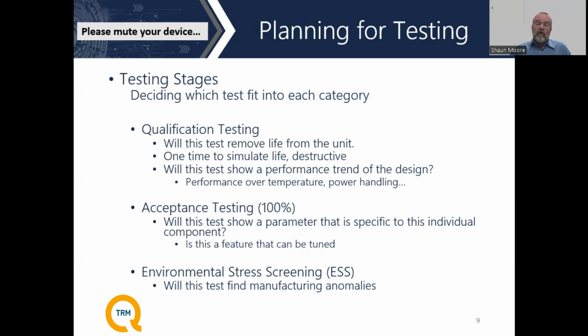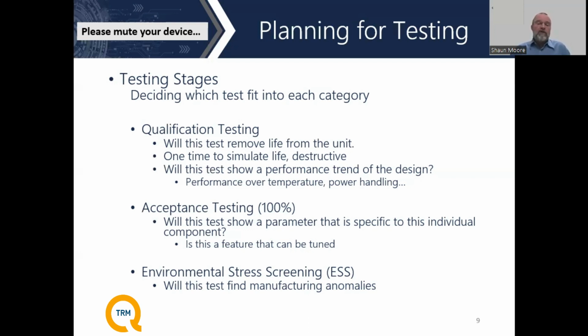What we're looking for here is that we're taking a couple percent of its life out of the part by running it through some thermal cycles and some light vibration, in order to find those manufacturing anomalies that could lead to infant mortality in the life of the part, to make sure that we don't have any issues in the field.